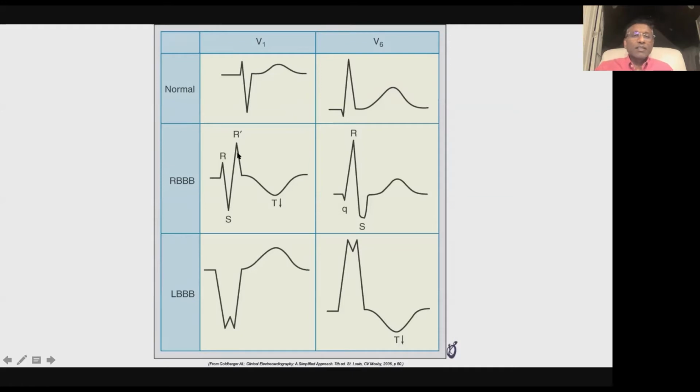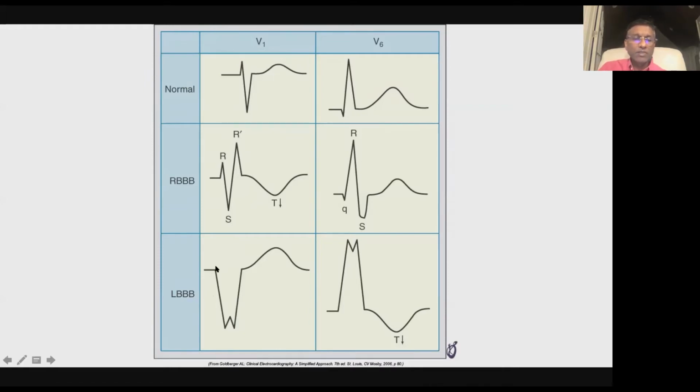So, typical right bundle, RSR prime; typical left bundle, sharp downstroke with a QS complex in lead V1. So always use lead V1 to think about these bundle branch blocks. I haven't really shown any other slide. This was my first slide. Now, when you look at this, I want you to imprint in your mind that the R prime is taller than the R wave in a typical right bundle.